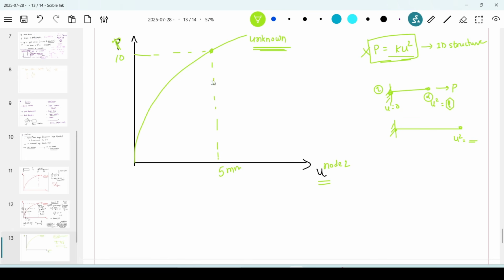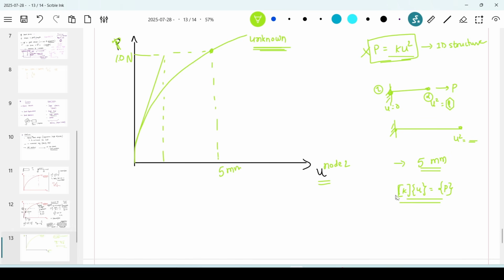If you apply 10 Newton and the non-linear output is 5 mm, I cannot just simply put 10 Newton into this equation, K u is equal to P, and find the 5 mm.